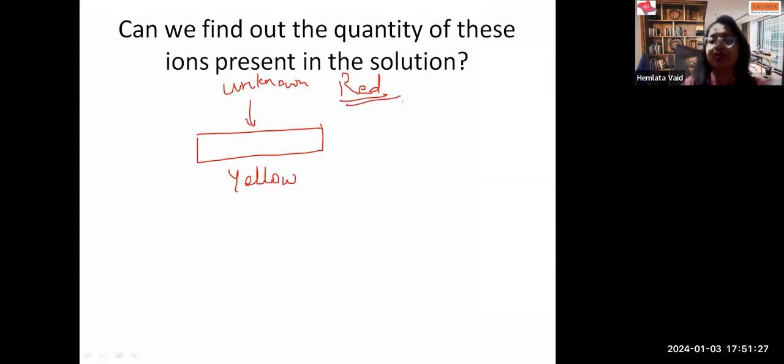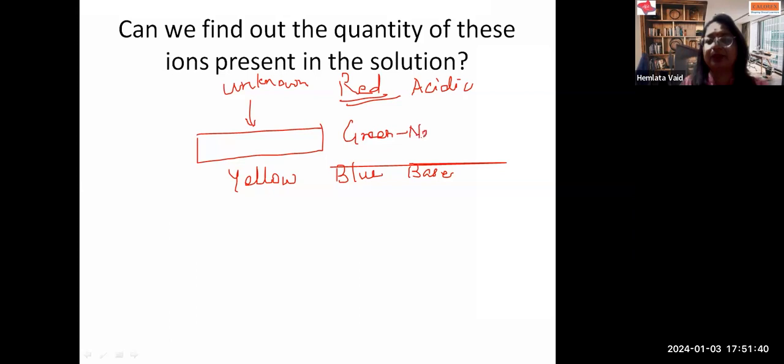Then you are very sure that this substance is acidic in nature. If it becomes blue, then that substance is basic in nature. And if it becomes green, then this substance is neutral.